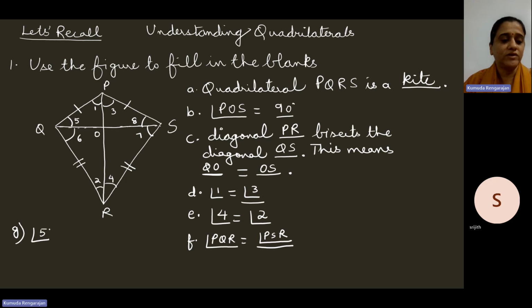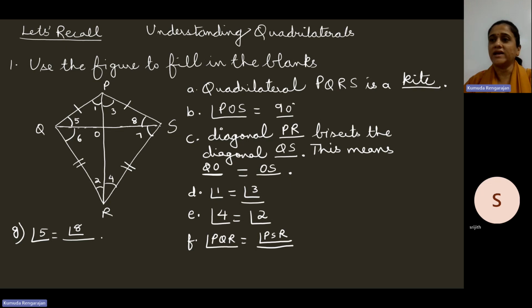Angle 5 is equal to angle 6? Angle 5 is equal to 8. Why is angle 5 equal to angle 8? Correct.